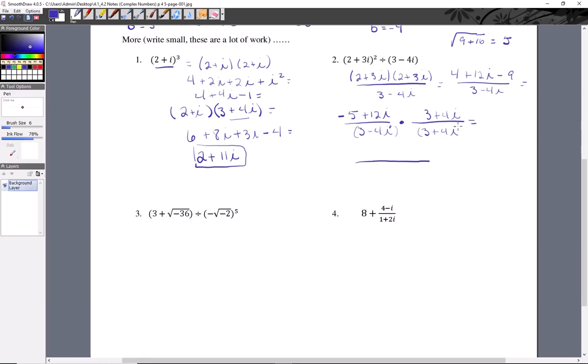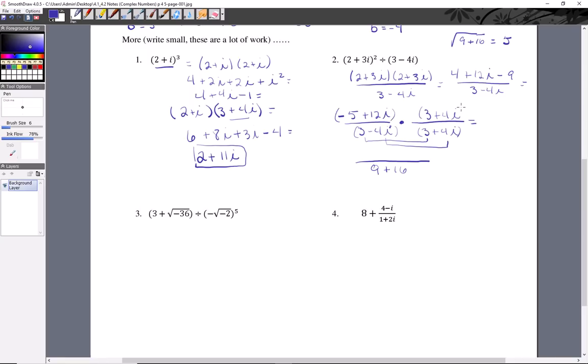I'm just going to do the outsides, which would be 9, and the insides, which would be minus 16i squared, which is plus 16. All right, so if you need to process that, you can go ahead and pause. Get that looking a little nicer here. So plus 16.